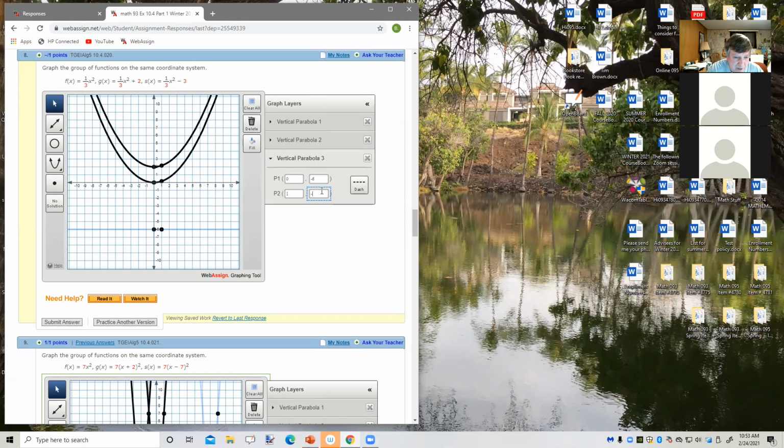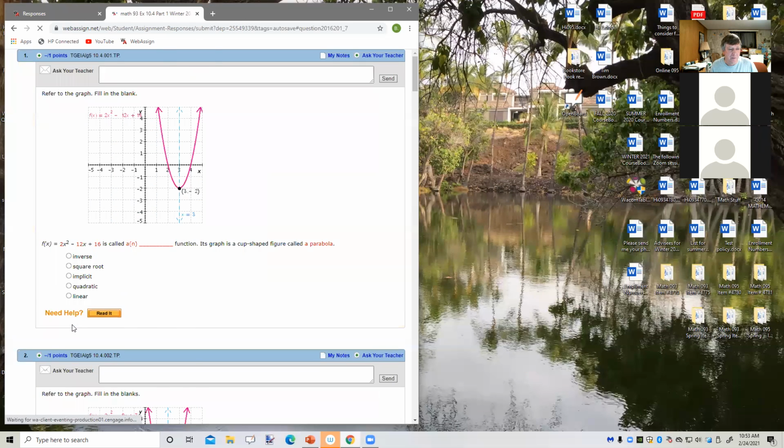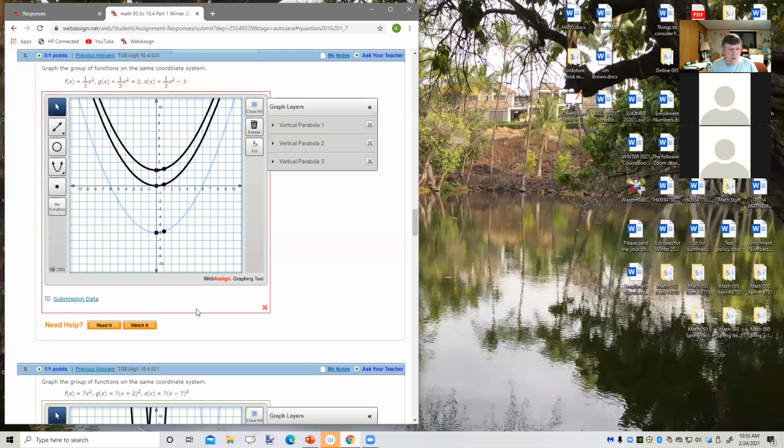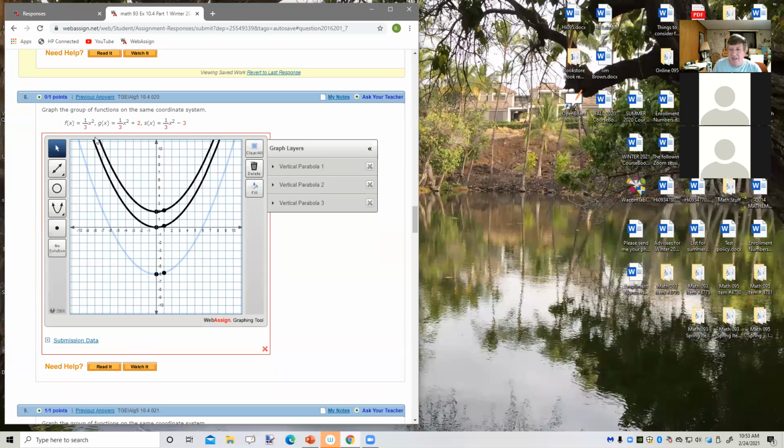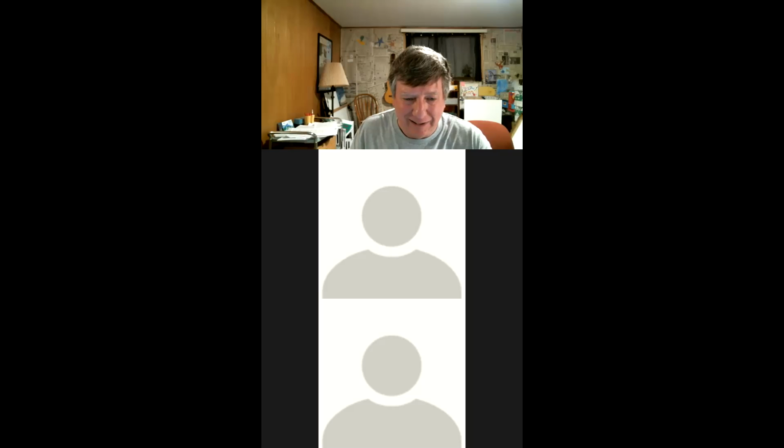And that's going to be -35/6, and bingo. What? Oh, wrong. That's right, because I didn't actually graph the ones that it says here. Sorry about that. No, you're graphing the 1/6, so no wonder it's wrong. Mine came out right. Okay.